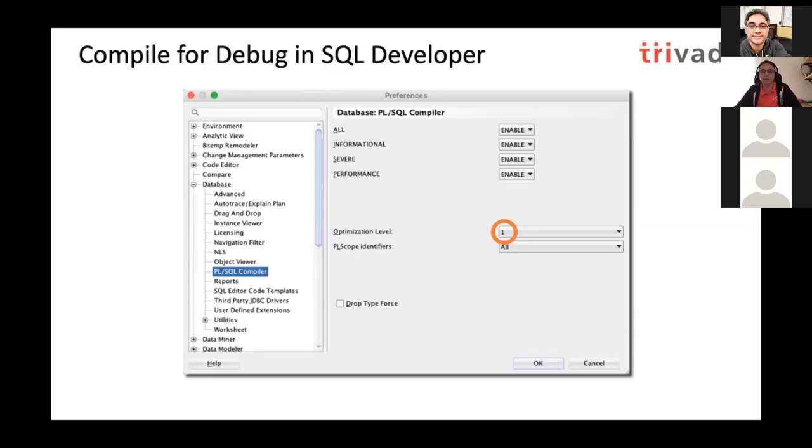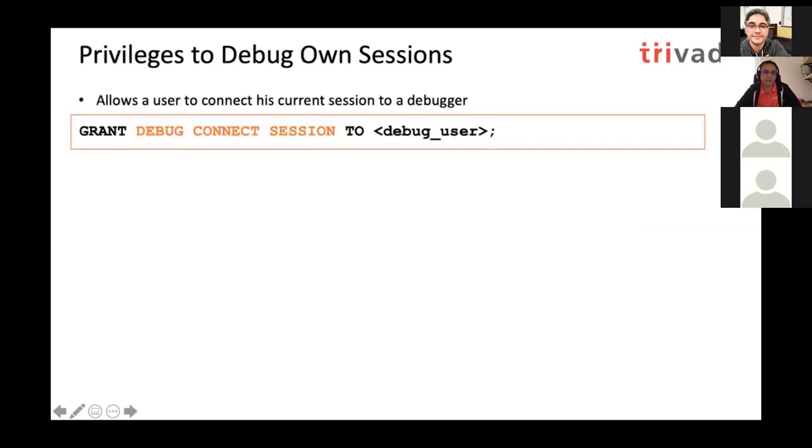I do it here, but I do not deploy stuff from production with SQL Developer, so it's not a problem for me. So the next important thing is that you have to allow a session to connect to a debugger. And this you can do in several ways.